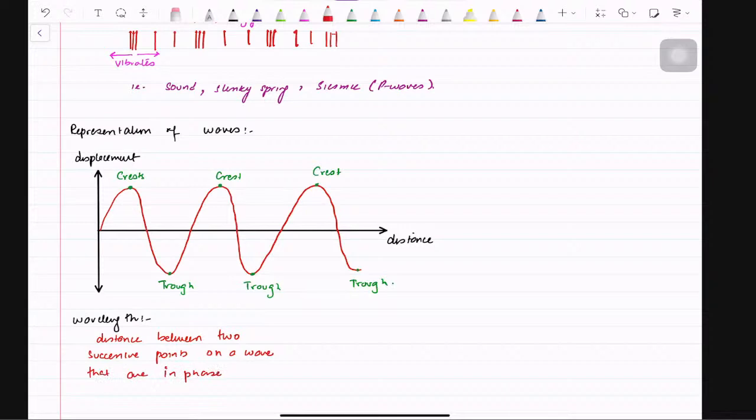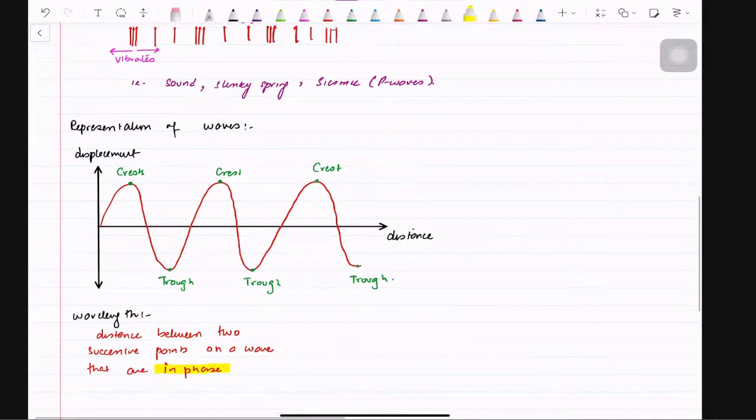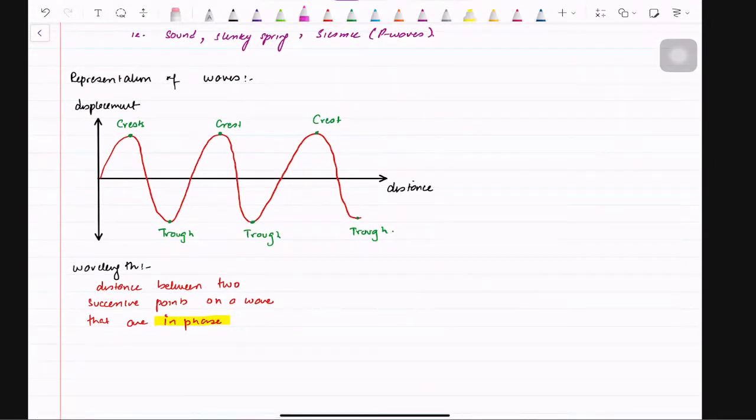Now I'm gonna explain this word in phase later. But right now, you should remember that the symbol of wavelength is lambda, and the SI unit of wavelength is meter, and this is a scalar quantity.